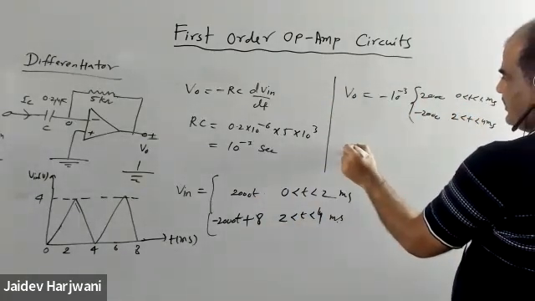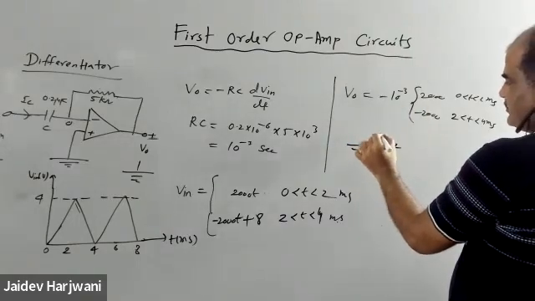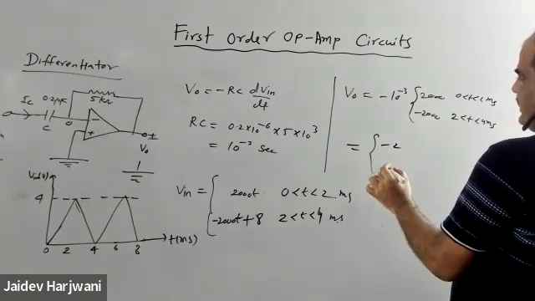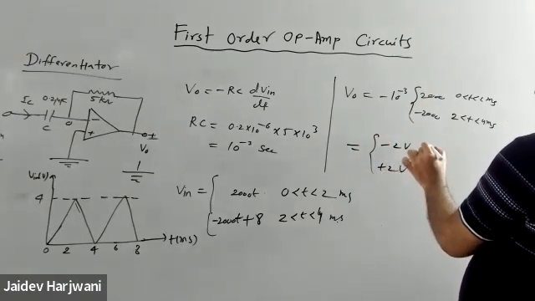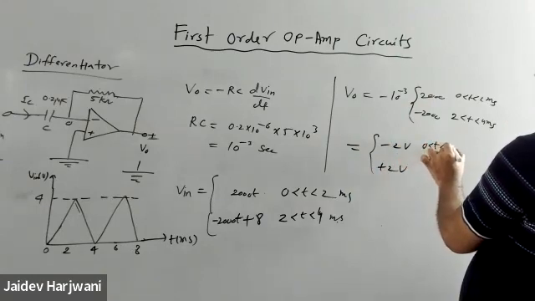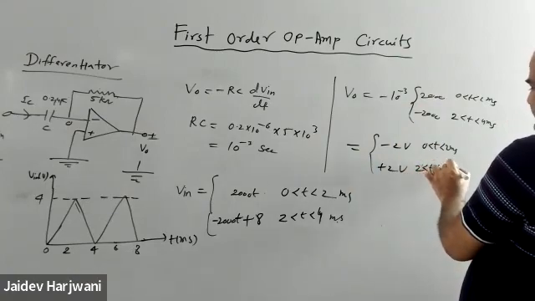If you multiply, this becomes -2 and this becomes +2. So -2 volt, +2 volt: 0 to 2 millisecond, 2 to 4 millisecond.